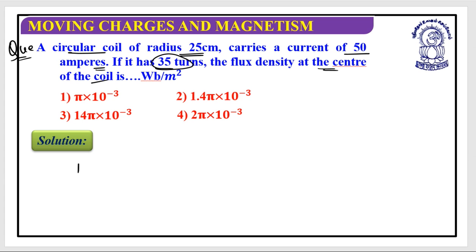So for a single turn, what we are writing is B equals mu naught I by 2R.